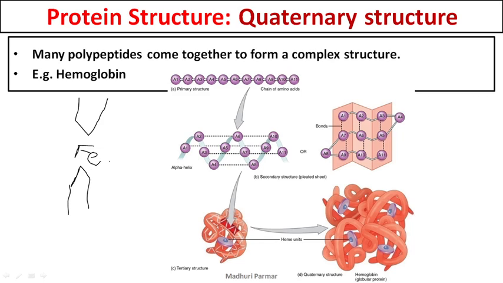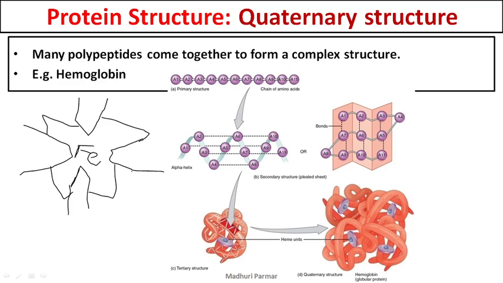I'm not able to draw it very well, but I hope you will be able to understand. This kind of structure is called heme because it has iron in the center. So along with the tertiary structure of protein, you can also have heme group.